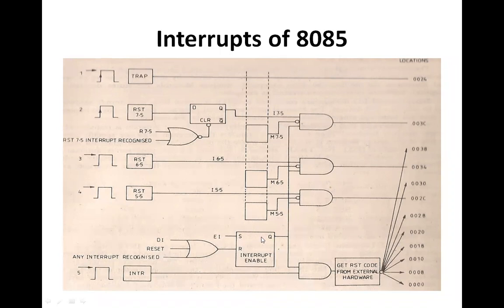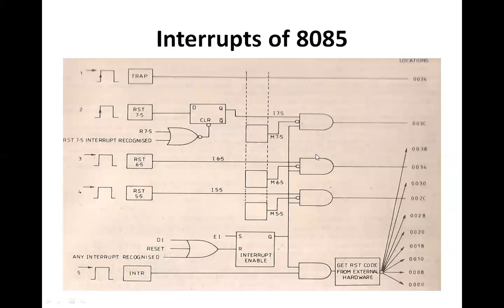So set can be done, meaning Q will be high if EI is high, and in the rest of the cases Q will be low. Whenever Q is low, this AND gate, this AND gate, this AND gate, and this AND gate will become low. The output will become low. It means it will not transfer to the individual memory location.